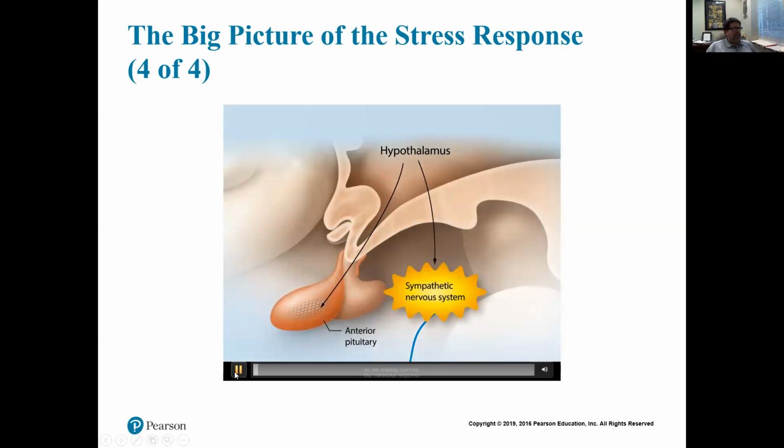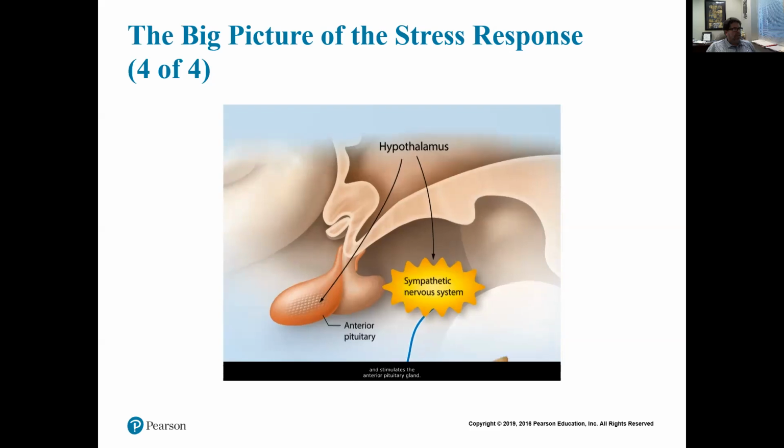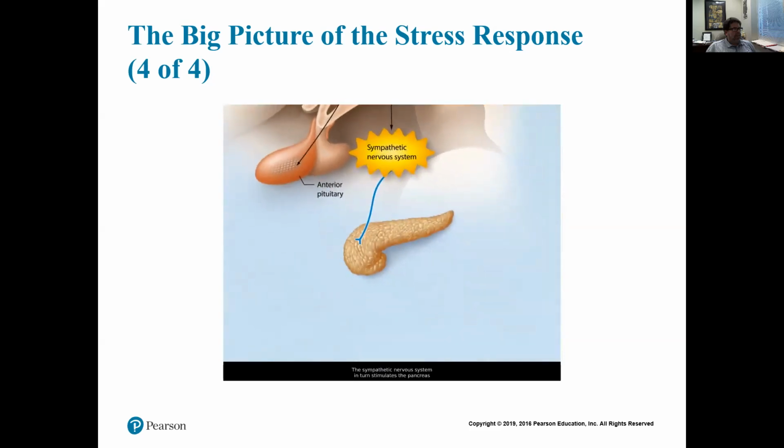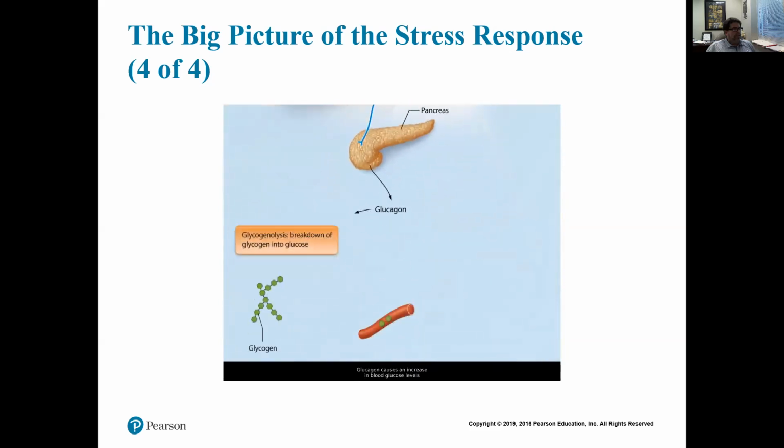As we already learned, the hormonal response to stress begins when the hypothalamus activates the sympathetic nervous system and stimulates the anterior pituitary gland. The sympathetic nervous system, in turn, stimulates the pancreas to release the hormone glucagon. Glucagon causes an increase in blood glucose levels by triggering glycogenolysis, the breakdown of glycogen to release glucose.